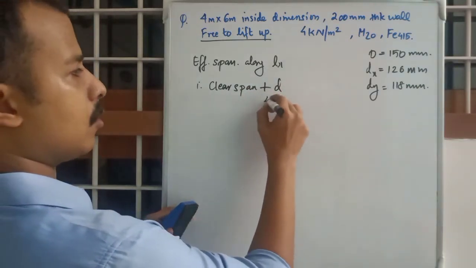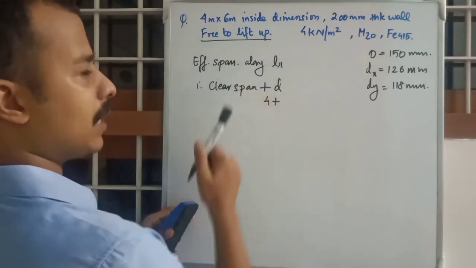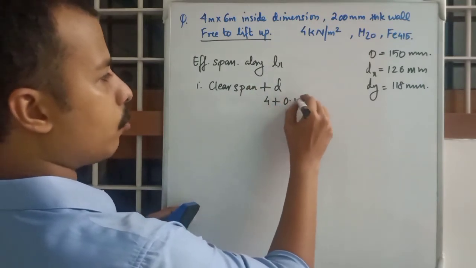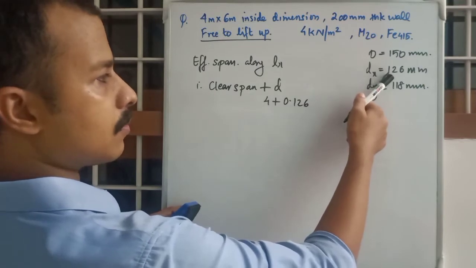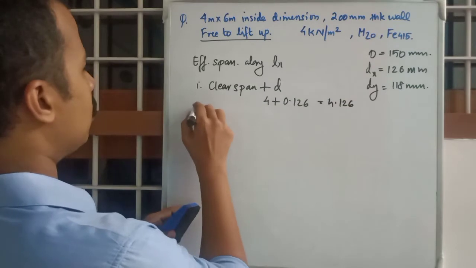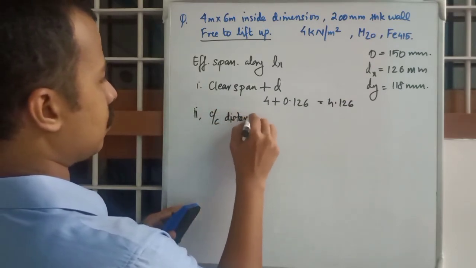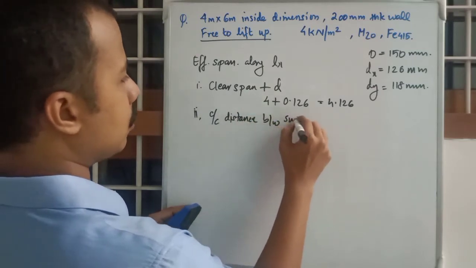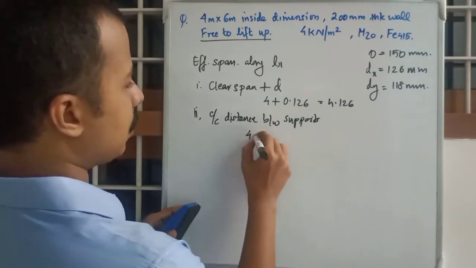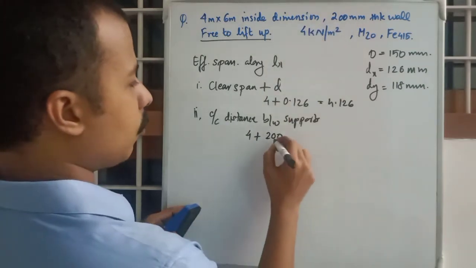We are calculating along shorter direction, so 4 meters plus d, which is 0.126 in meters, so 4.126. Second one is center to center distance between supports.